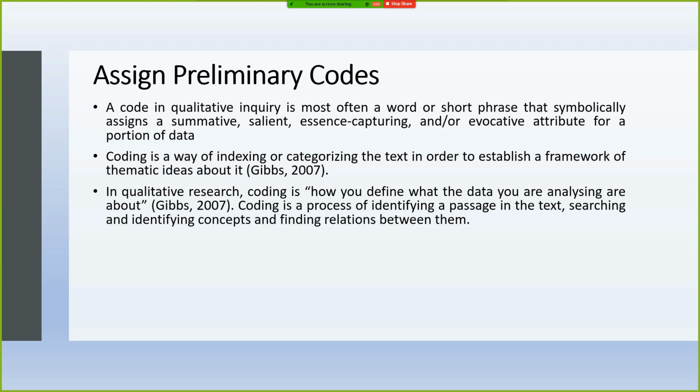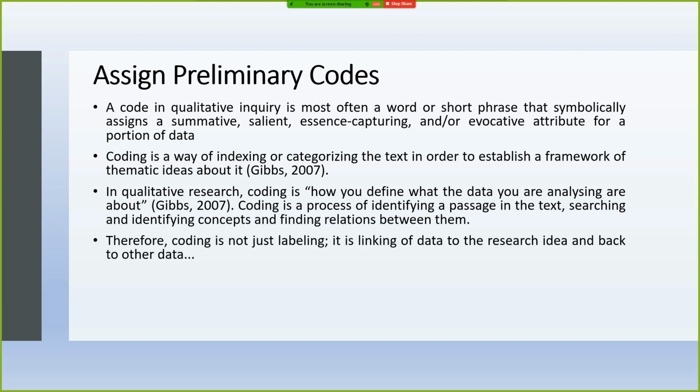Coding is not just identifying that these three or four passages from these two or three respondents relate to, say, ethical aspects of a university, or that these passages relate to community engagement of a university. It's about finding relationships between those passages, between those codes as well.